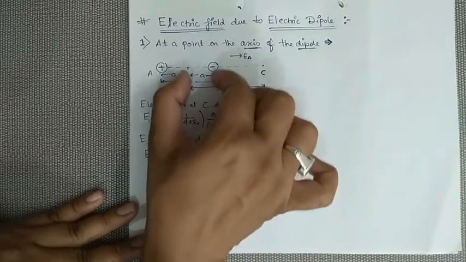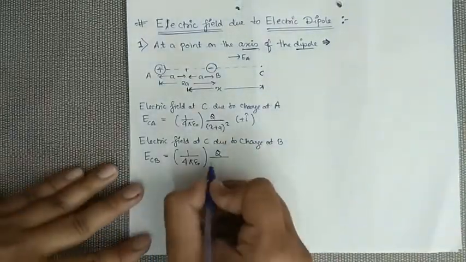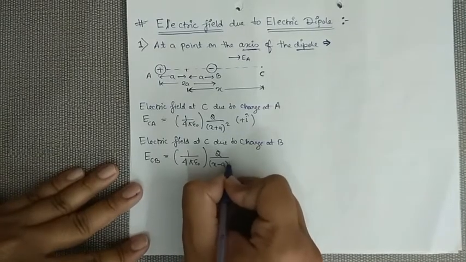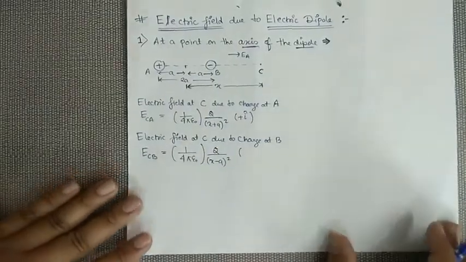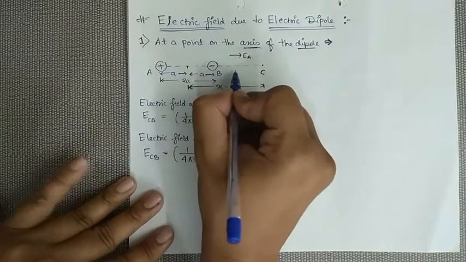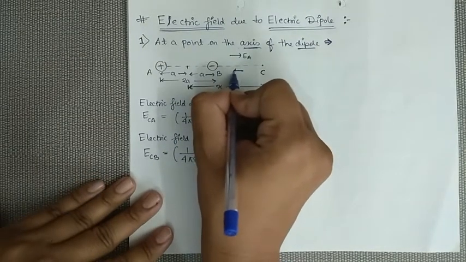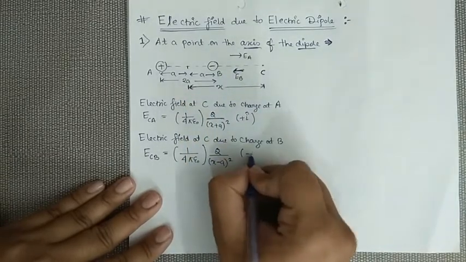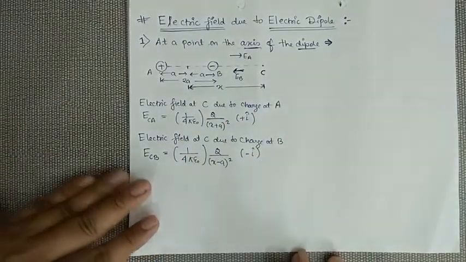Subtracting this a from the x, we will get this distance. So this time x minus a whole square. Now see, this is negative, so electric field due to negative is inward. So this is electric field due to negative charge, in the negative x-axis direction, that is minus i cap.